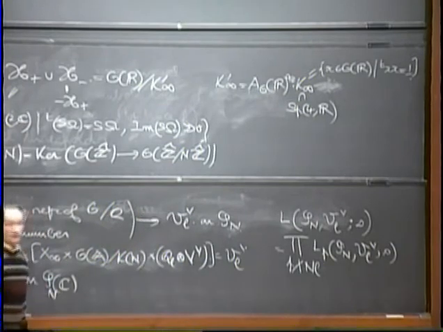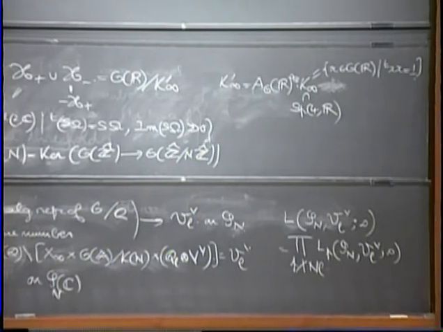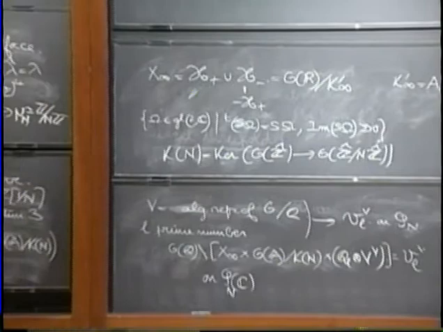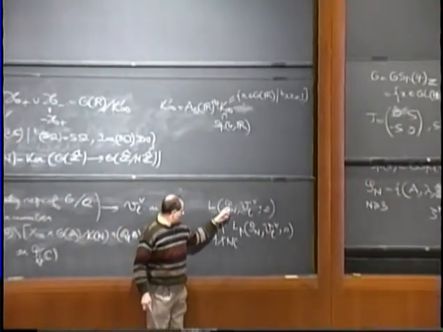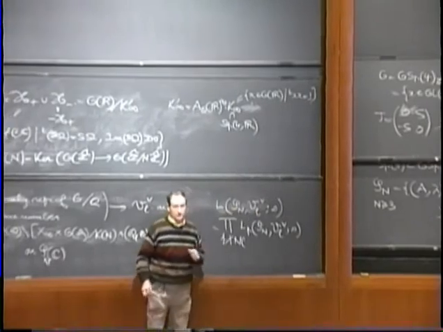Here you have several choices, because this is the L-function associated to the l-adic cohomology of the variety with values in the local system.